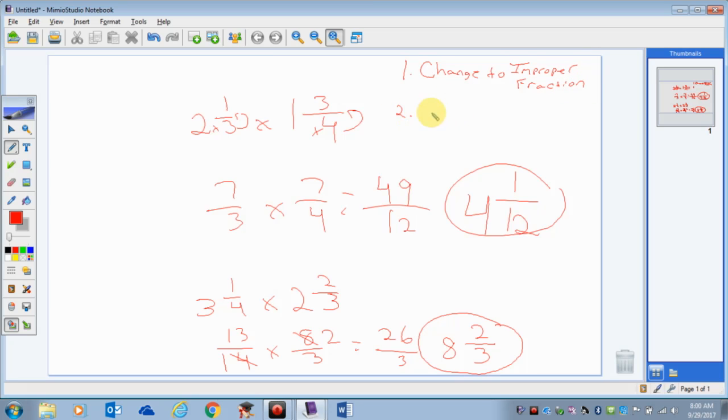Step 2, cross reduce and multiply. Sorry about the bad handwriting. And step 3, change answer to a mixed number if necessary.